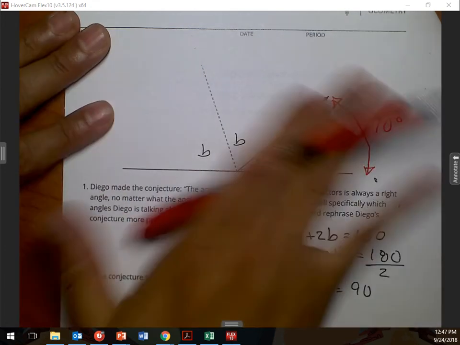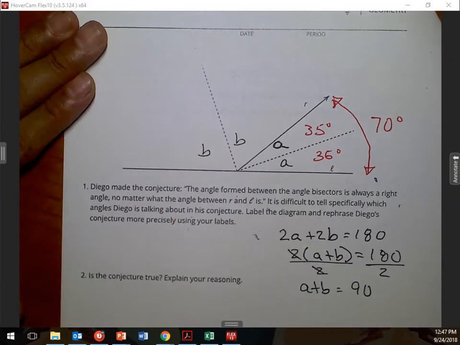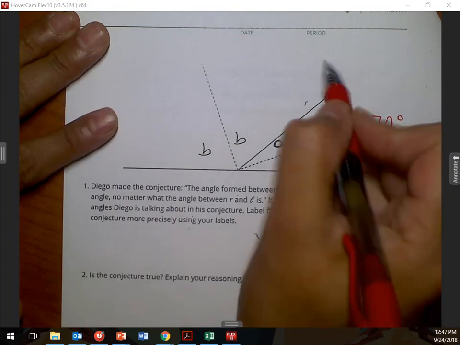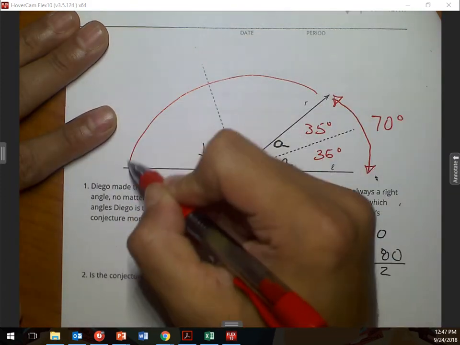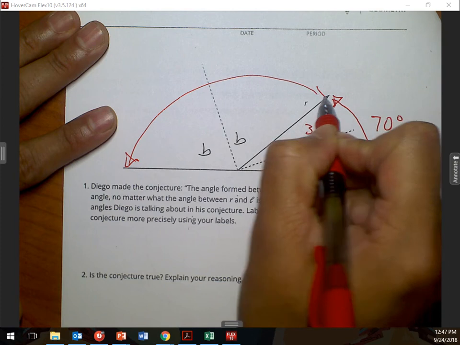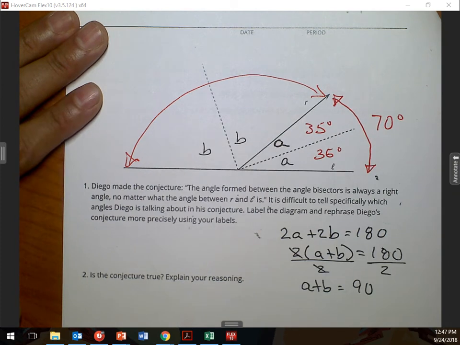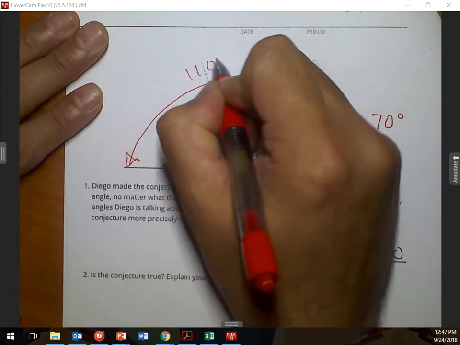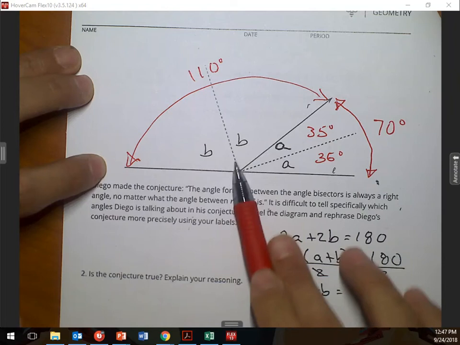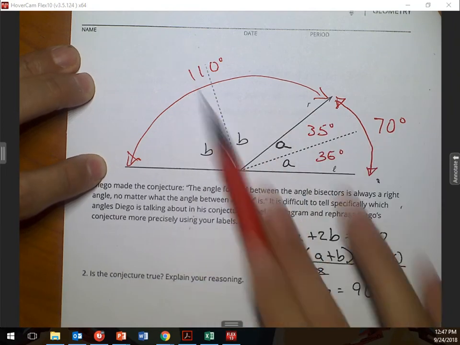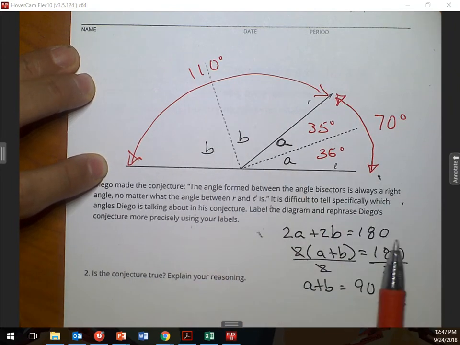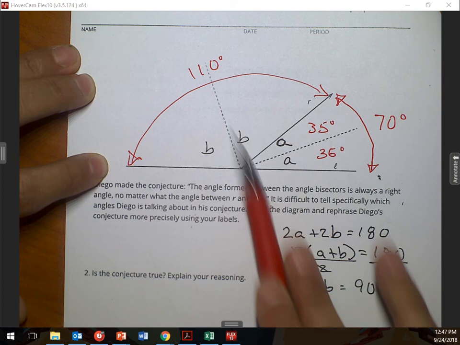So now the whole thing together has to add up to how much again? 180, right? So from here all the way to here is supposed to be how much? 110 degrees, right? But this dotted line right here bisects my angle, right?